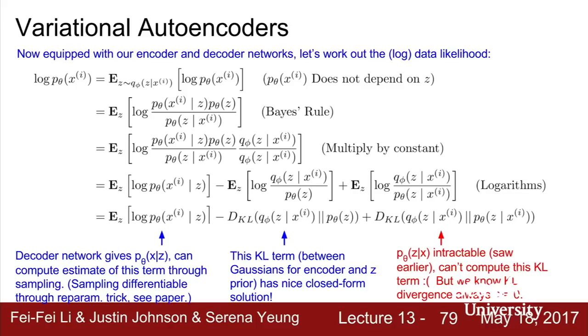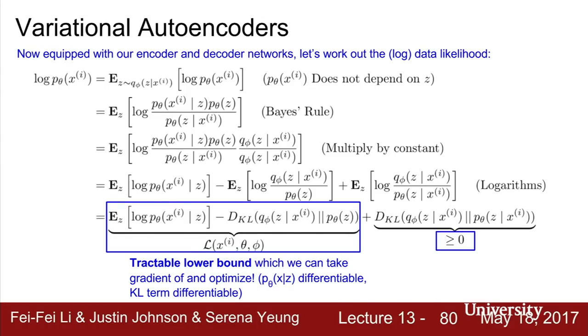And then this third KL term is a KL of q of z given x with p of z given x. But we know that p of z given x was this intractable posterior we saw earlier, that we didn't want to compute. That's why we had this approximation using q. And so this term is a problem. But one thing we do know about this term is that KL divergence, a distance between 2 distributions, is always greater than or equal to 0 by definition.